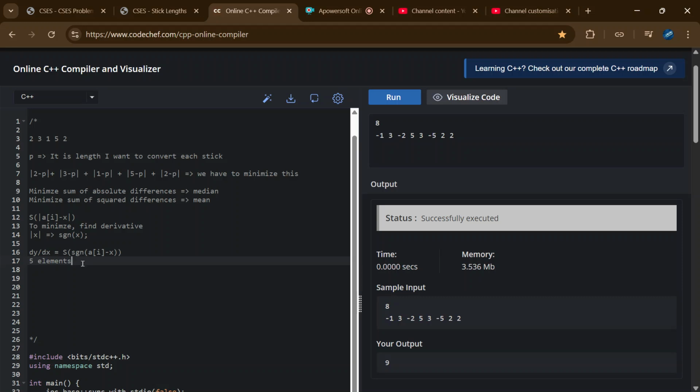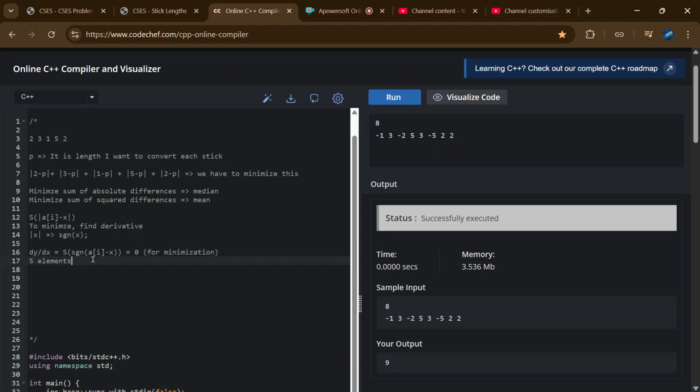To minimize it, I want dy by dx to be zero.